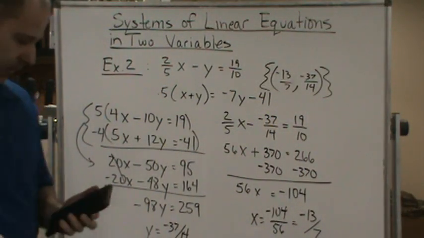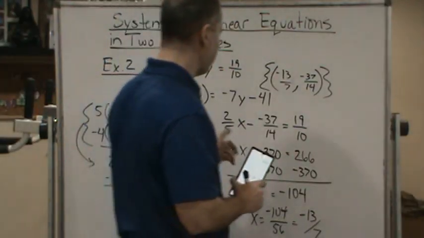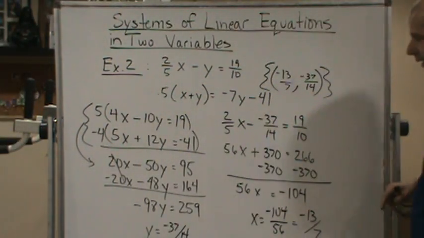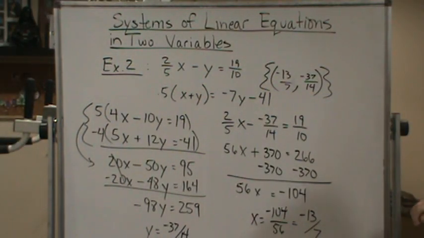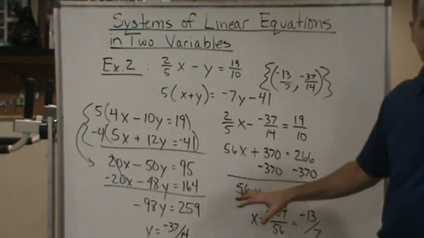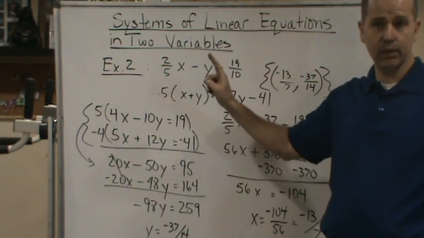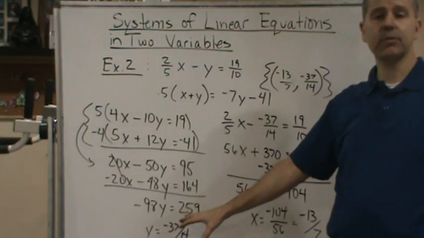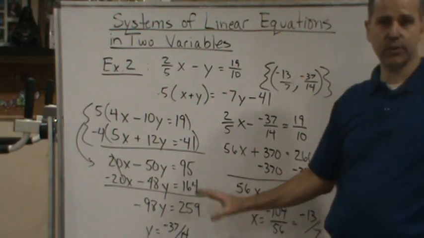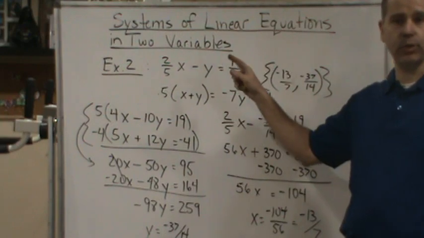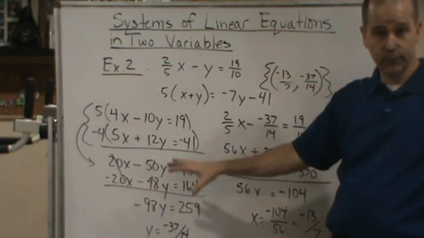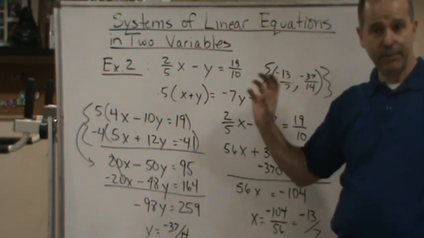Now, I know I took a little long, but the other thing you could have done, by the way, is look. I followed all the steps: I used the addition method to solve for one of the variables, substituted that value into one of the two equations, and then solved for the other variable, and then got my solution.